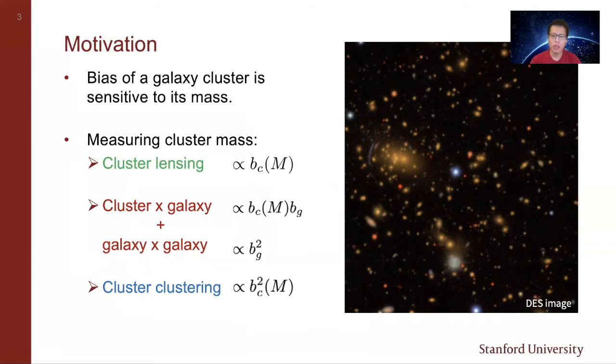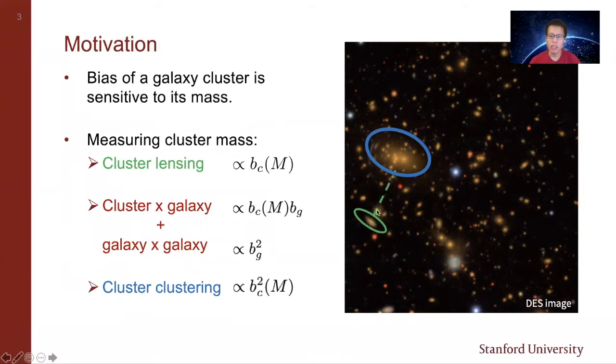And how do we measure that? Here is an image from the Dark Energy Survey. First, you can see there's a galaxy cluster here. You can cross-correlate the position of the galaxy clusters and the shape of the background galaxies. This is called cluster lensing.